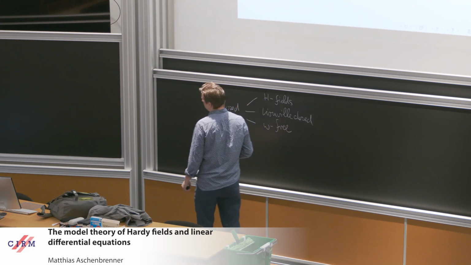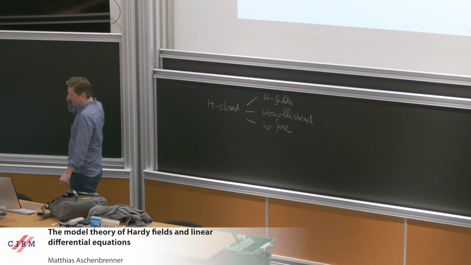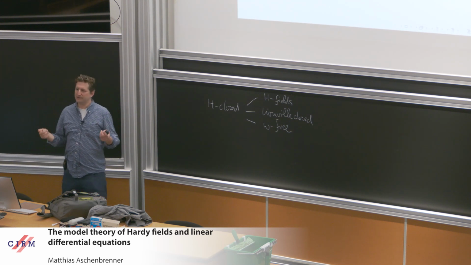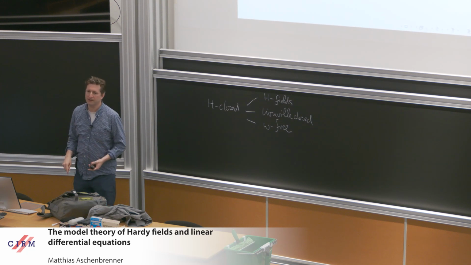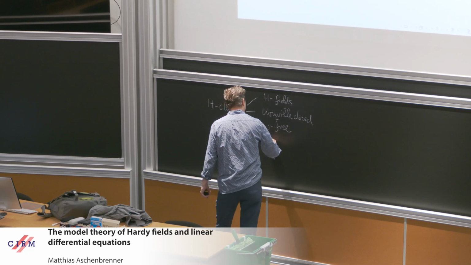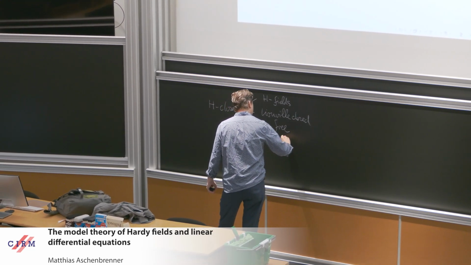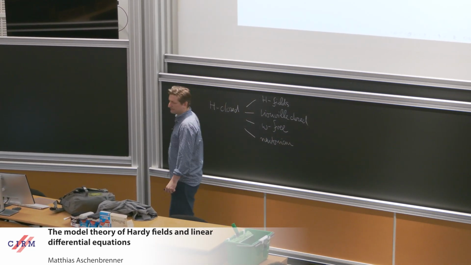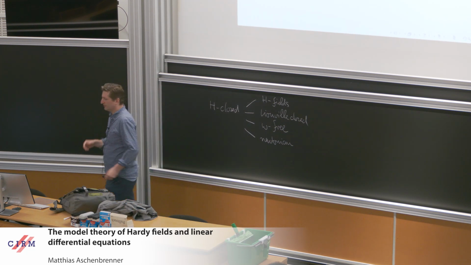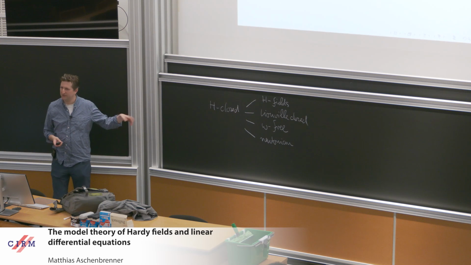Then there's another axiom which is slightly mysterious. This is the omega-freeness. This tells you which order 2 linear differential equations have solutions. And finally, there's a property which we call Newtonian, which, if you want to see the analogy to model theory of valued fields, is analogous to the Henselian axiom.